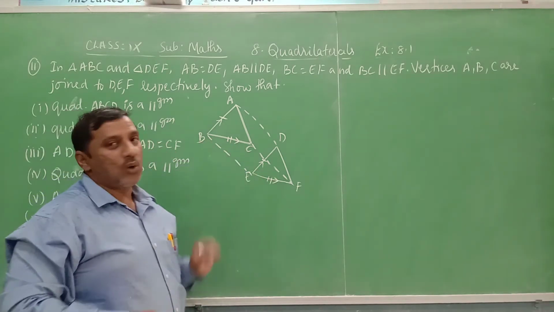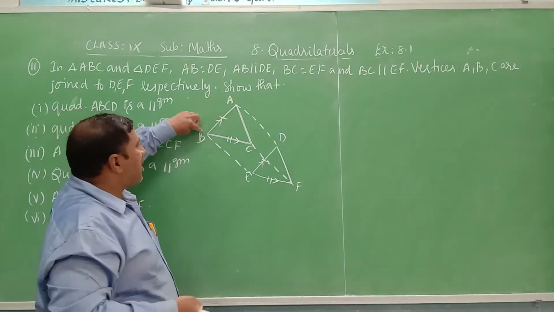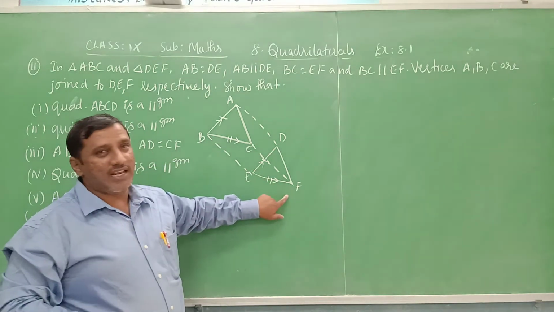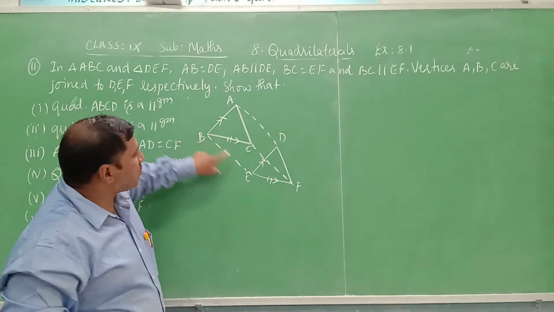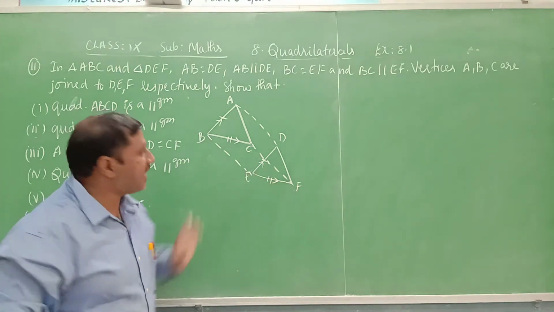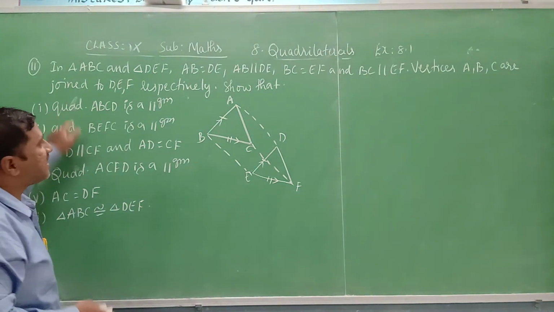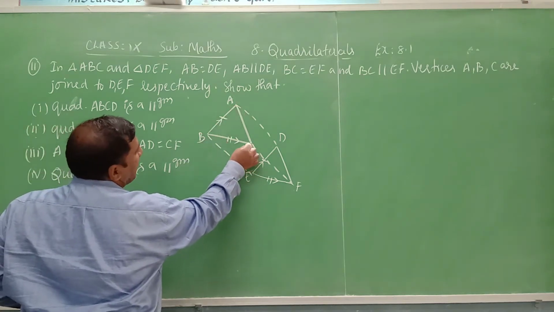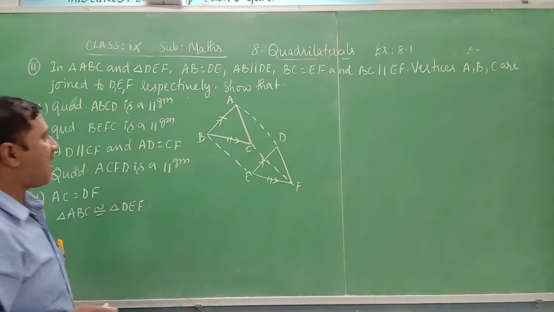The vertices A, B, C are joined to D, E, F respectively. That is, vertex A is joined to D, vertex B is joined to E, and vertex C is joined to F. Then show that quadrilateral ABCD is a parallelogram.